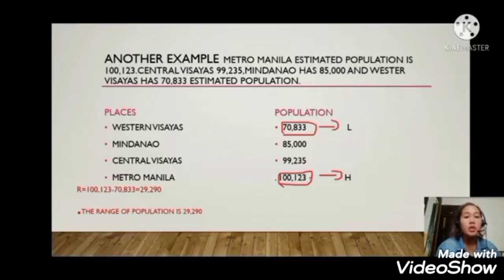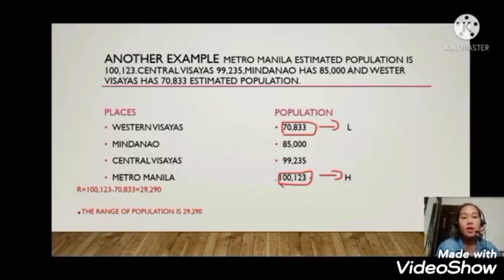So, which is the highest and the lowest? Metro Manila is of course the highest, 100,123. And the lowest is Western Visayas, which is 70,833.